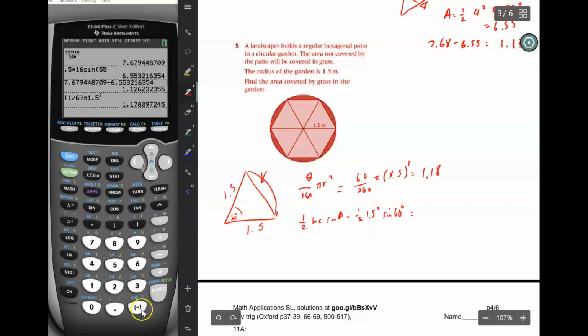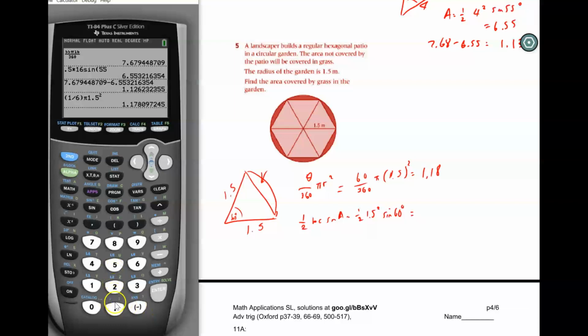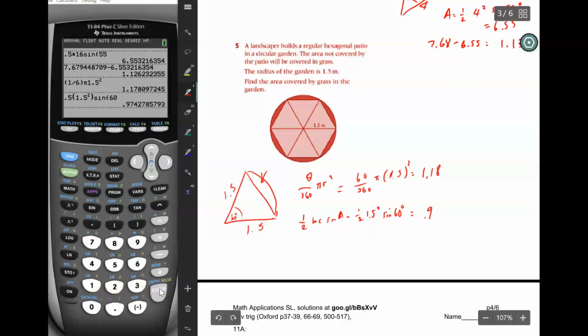That would be 0.5 times 1.5 squared times sine of 60. And I already put it in degree mode, so I don't need to do anything there. So the answer for that was 0.974. And then I'm going to subtract the 2 to find the crust.